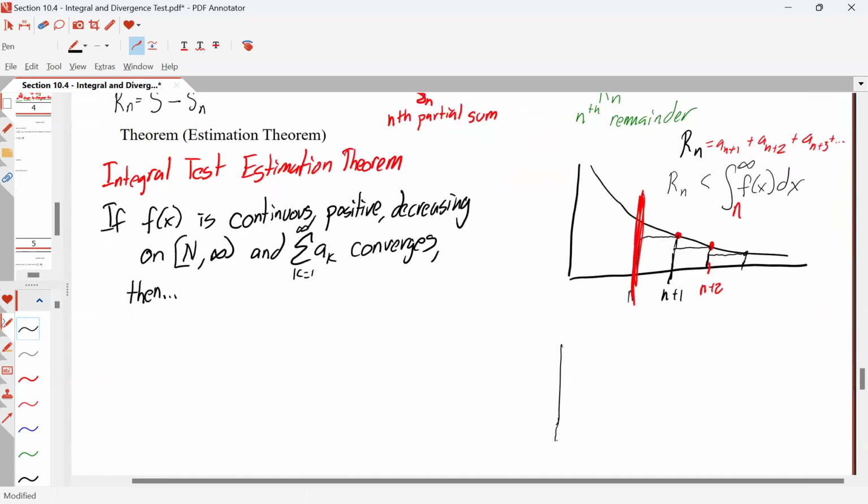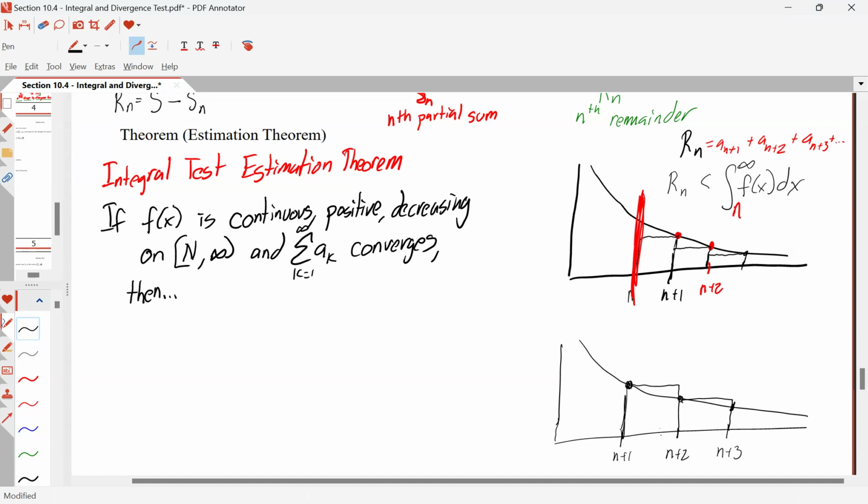However, we don't always have to draw the boxes to the left. We could take this same idea where we have the remainder adding up those terms. We have the n plus 1 term plus the n plus 2 term plus the n plus 3 term, and so on. And instead of drawing our boxes to the left, we could use that same rectangle idea and make boxes to the right.